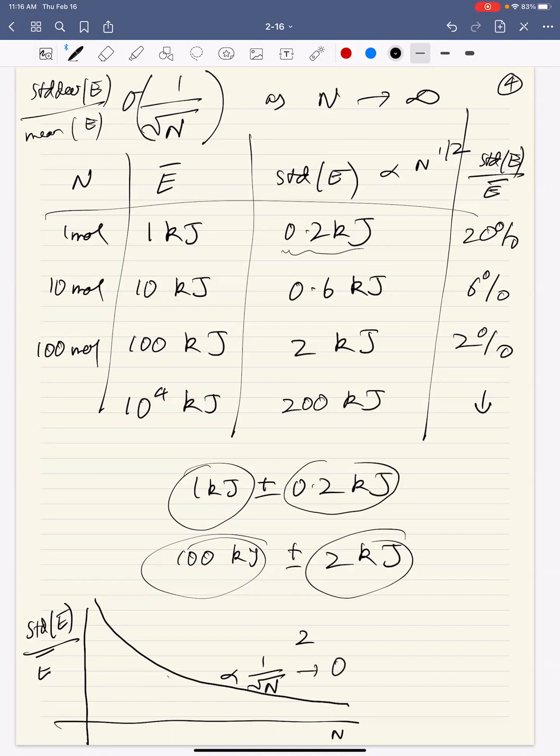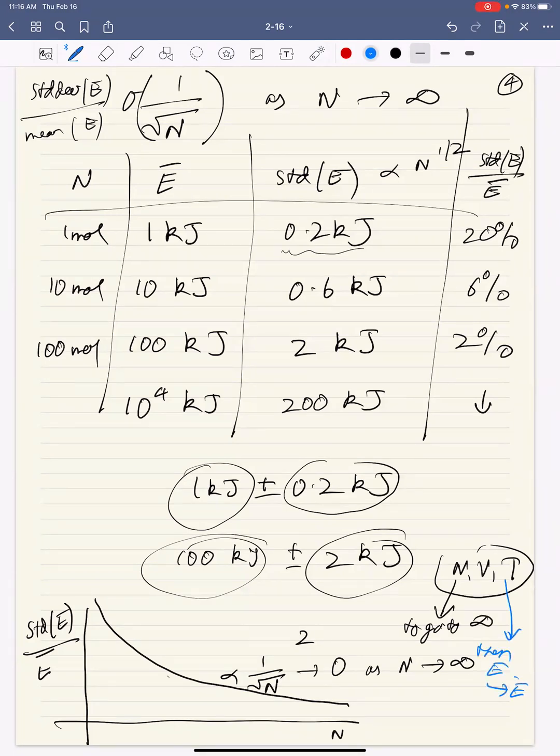It goes to 0, right? Which means that if you are looking at an NVT ensemble and you allow n to go to infinity, then energy will almost all the time be the same as the mean energy, right? The fluctuations will become irrelevant.